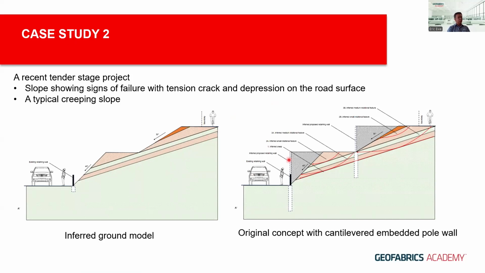Now, the original proposal was, due to existing traffic and the concern on over excavation, a cantilever type of retaining wall with posts, proposed with an embedded pole type of wall system.